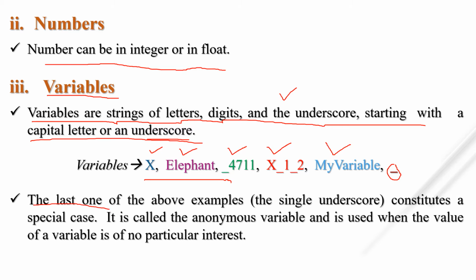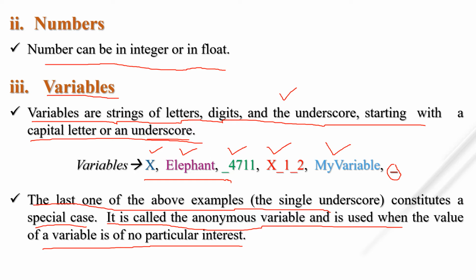The last one of the above examples, the single underscore, constitutes a special case. It is called the anonymous variable and is used when the value of the variable is of no particular interest.